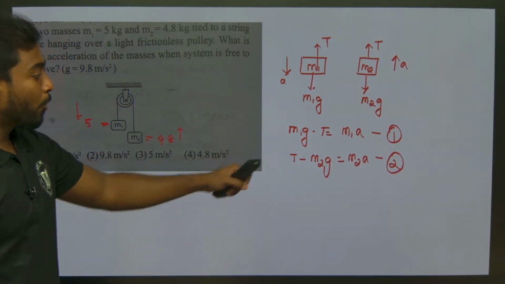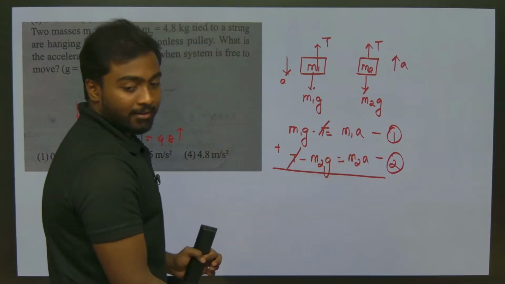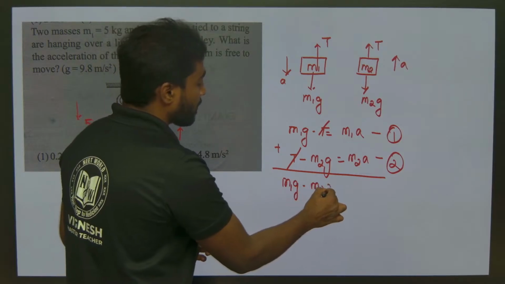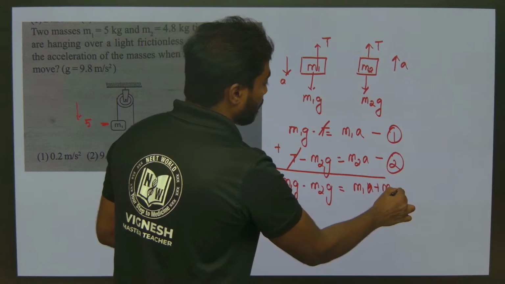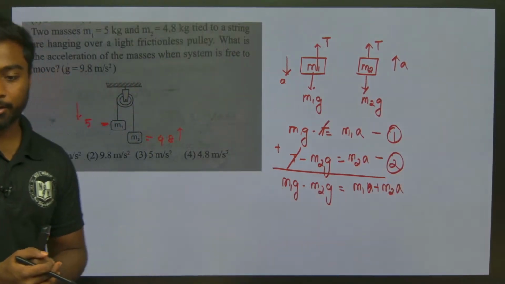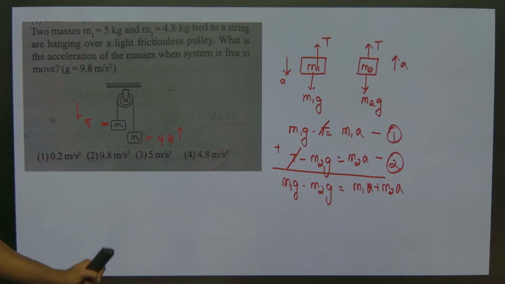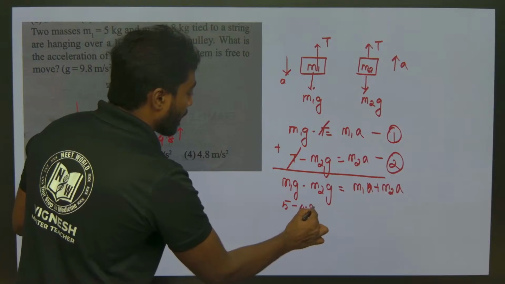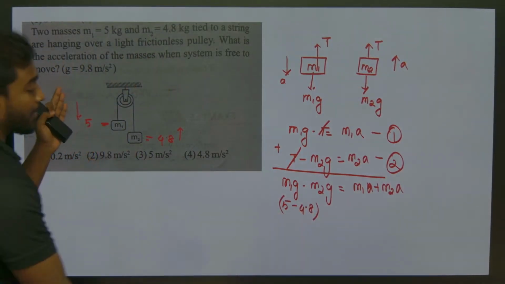If I add both equations, T and T get cancelled off. M1g minus M2g equals M1a plus M2a. Now I will substitute the values of M1 and M2. M1 is 5 kg minus 4.8 kg, and I have taken g commonly outside, which is 9.8 as they have given.